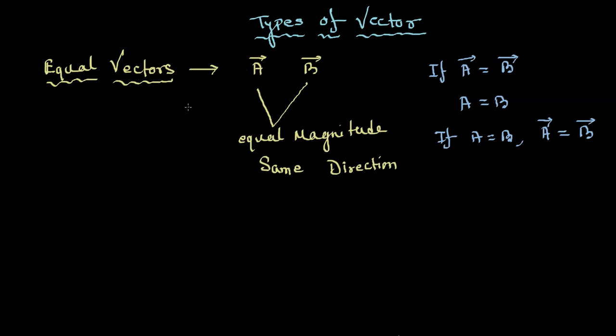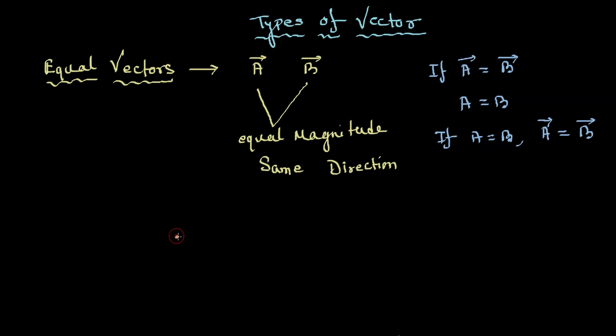But one thing you should remember: geometrically, if the head of one vector coincides with the head of the other, and so do the tails, then the vectors are said to be equal. So you should know what the head and tail are.